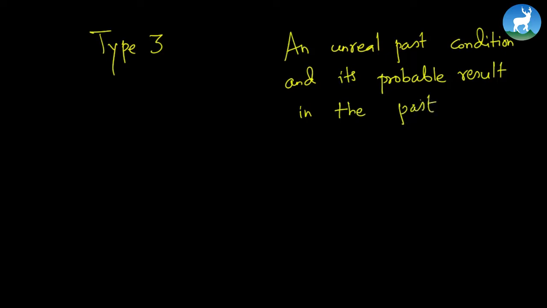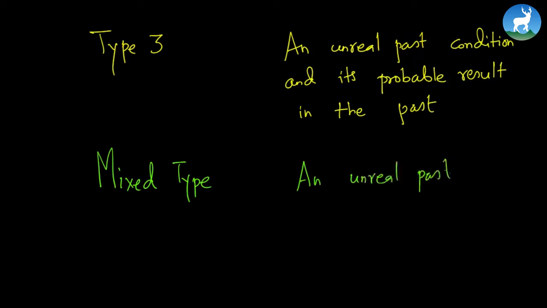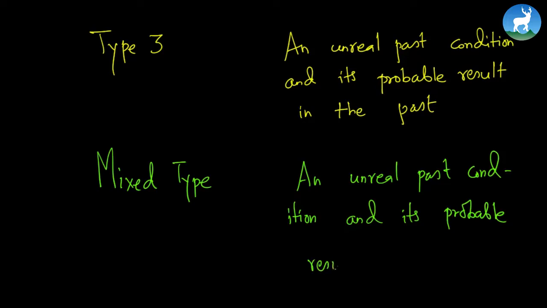Then comes the mixed type. In mixed type, we study an unreal past condition and its probable result in the present. This is what the mixed type is all about.